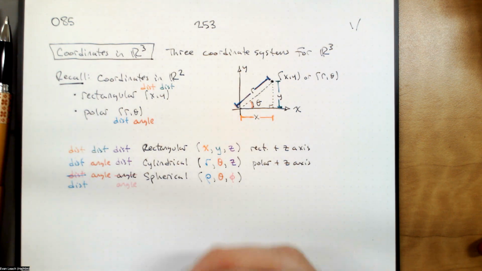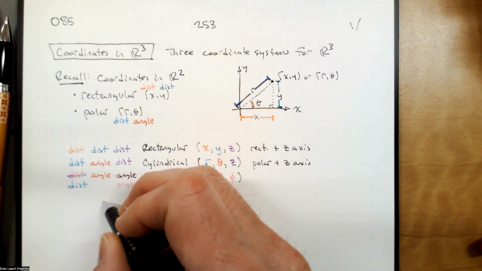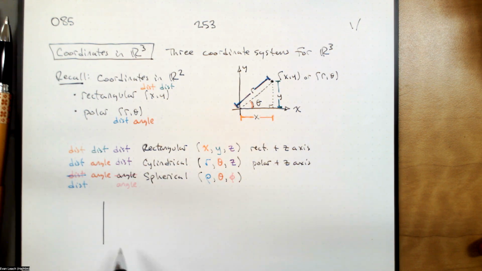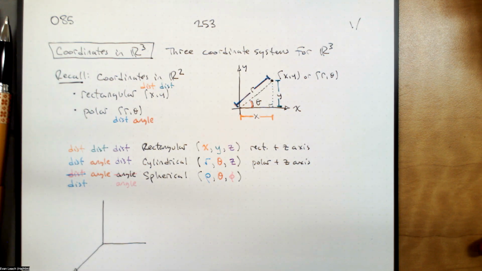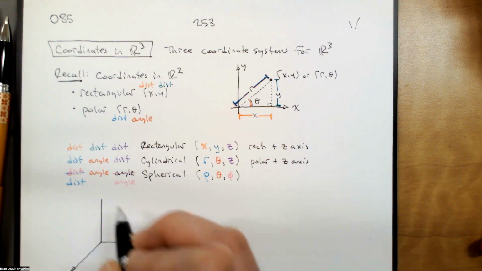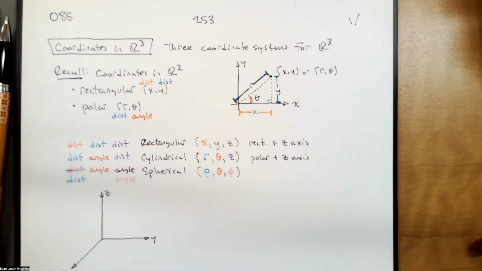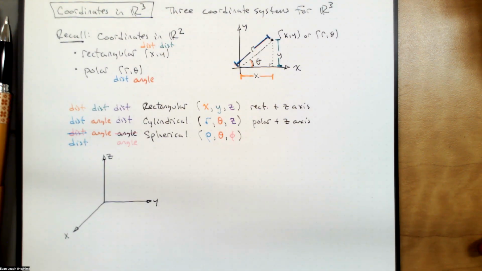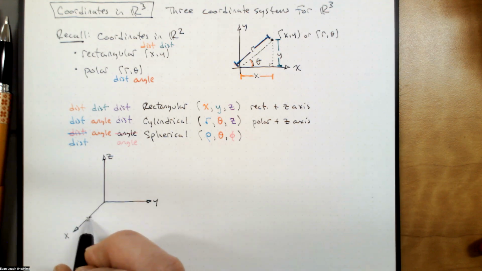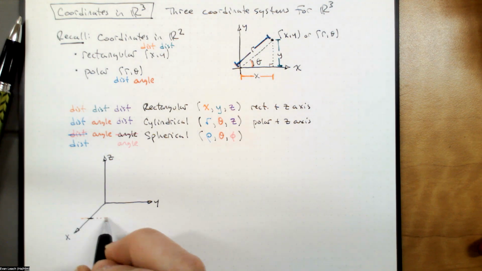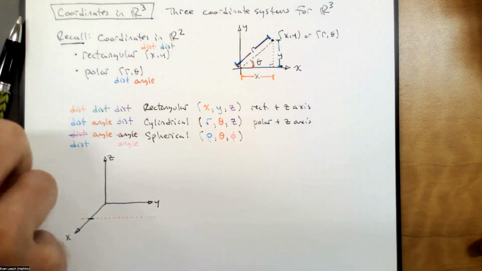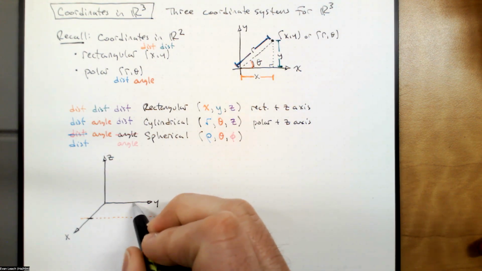So if we draw rectangular coordinates, we're just taking this rectangular floor with X and Y and adding height to it. So I've got some X coordinates, the X distance. Then I got some Y coordinates.